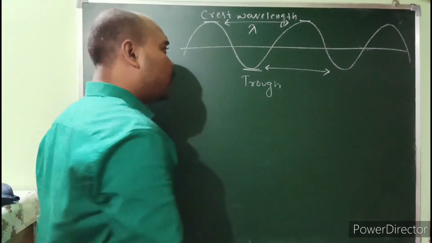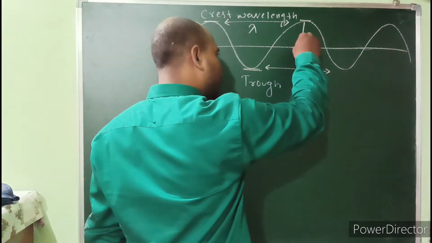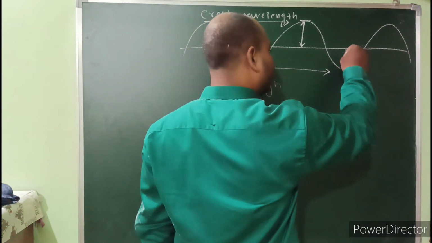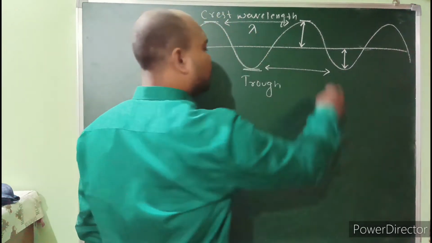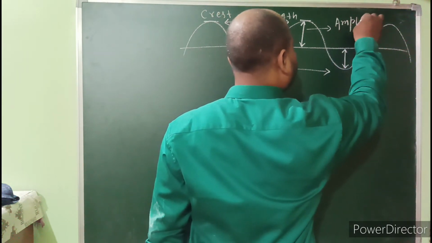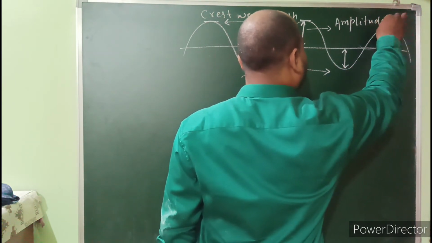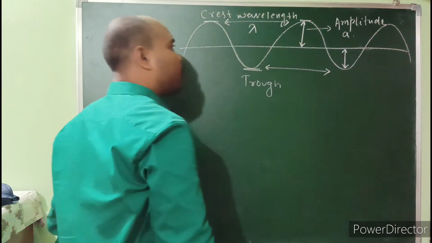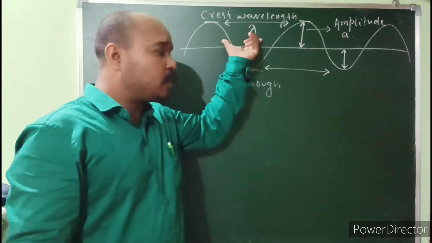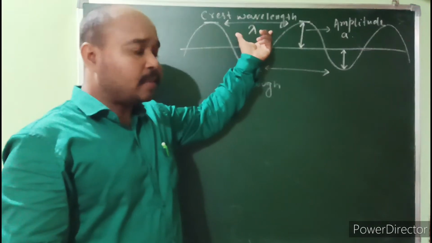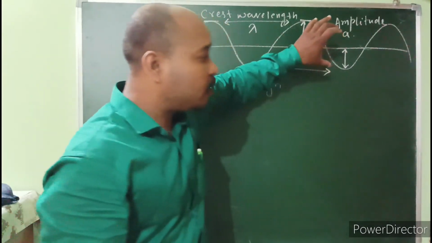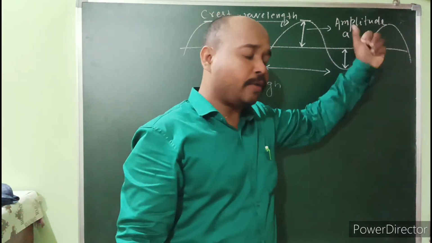Now we will find there is a height of crest and also depth of each trough. This is named as amplitude, symbol as A. So the distance between crests is called wavelength, denoted as lambda, and the height or depth of the trough is called amplitude.